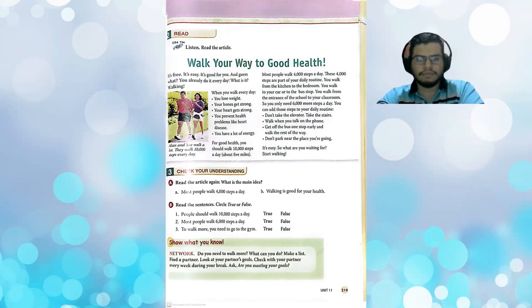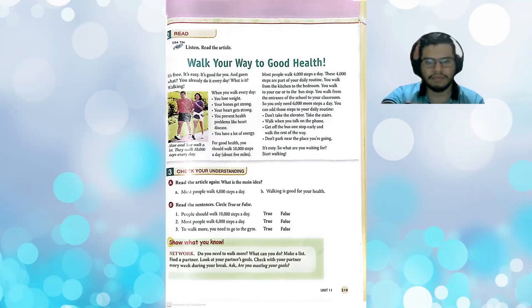Walk your way to good health. It's free. It's easy. It's good for you. And guess what? You already do it every day. What is it? Walking. When you walk every day, you lose weight. Your bones get strong. Your heart gets strong.